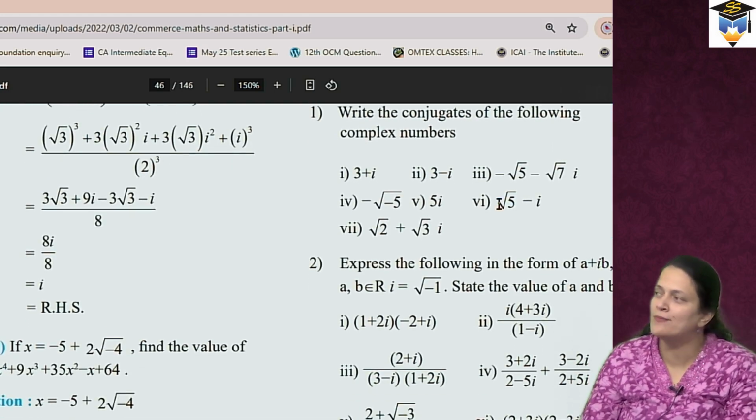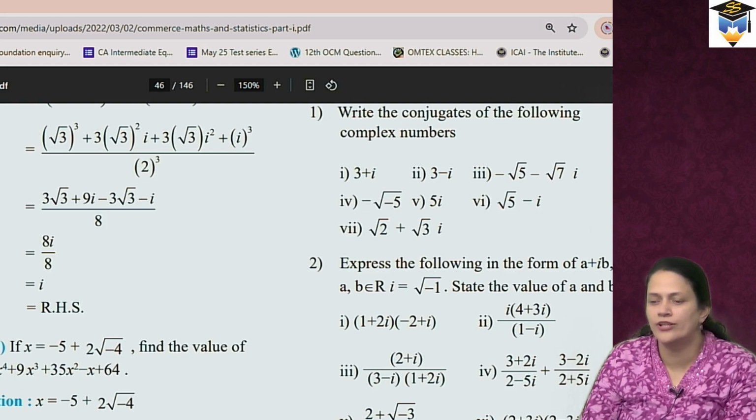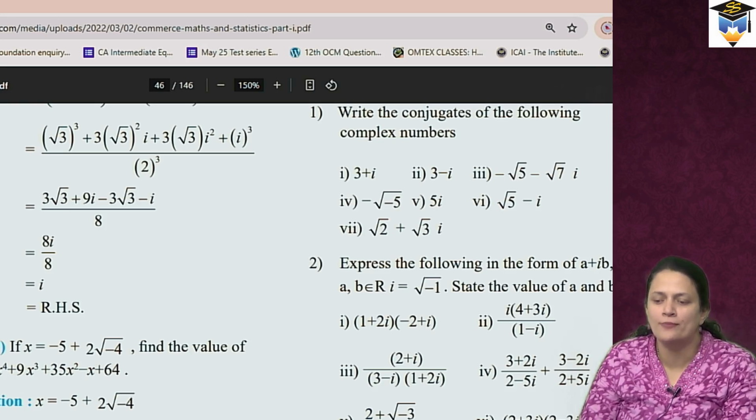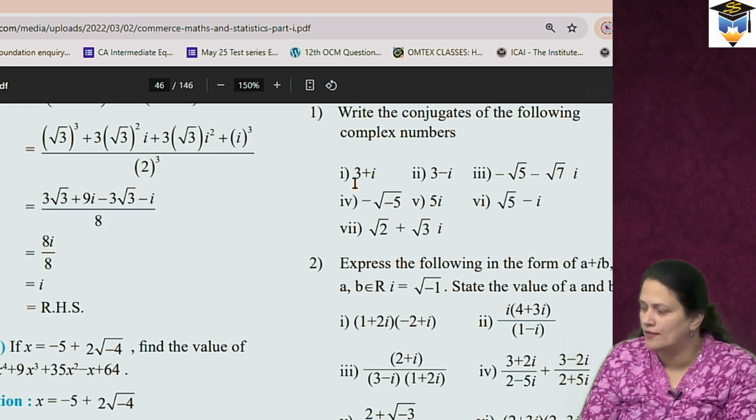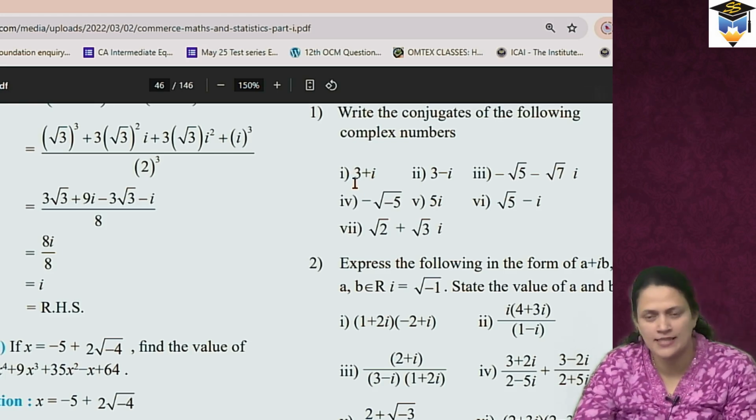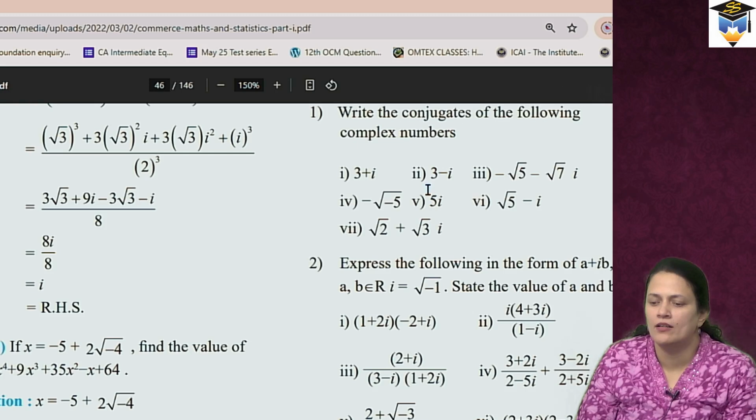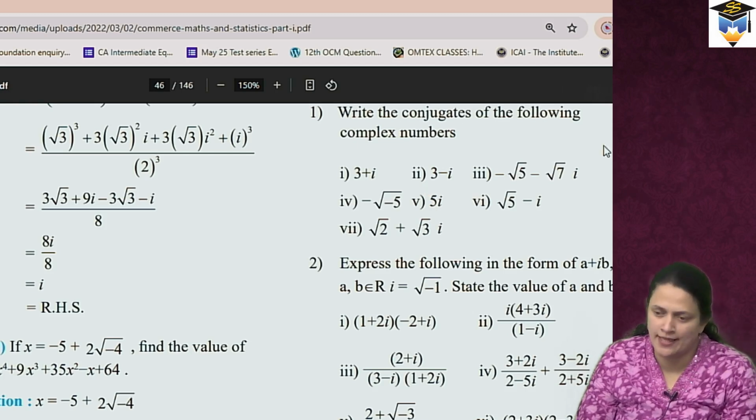Okay, question 1 can be solved orally because it's very easy. Write the conjugates of the following complex numbers. So, Swati, can you tell me what is the conjugate of 3 plus i? 3 minus i. The conjugate of 3 minus i is 3 plus i.